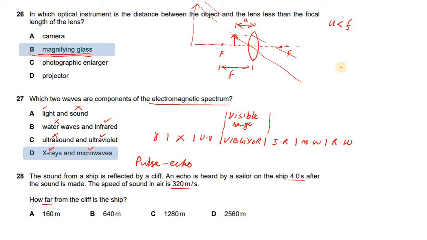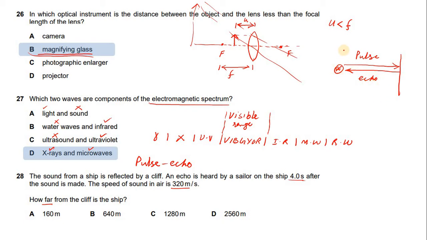You have some source of wave, generally sound. This is some obstacle. You send a pulse, and the pulse reflects from the obstacle and then returns. So this is called the pulse, and the returning one is called the echo.